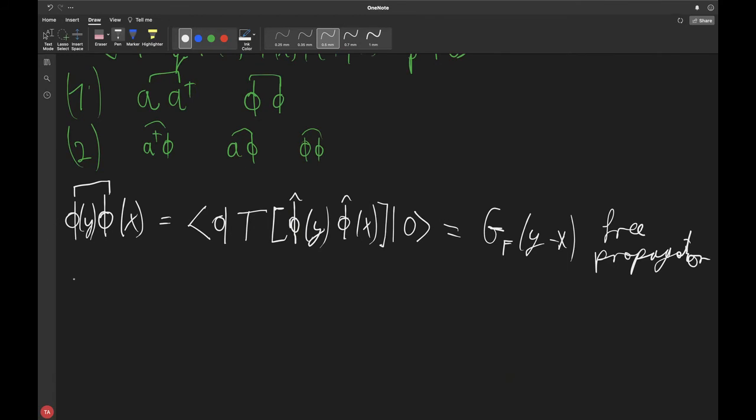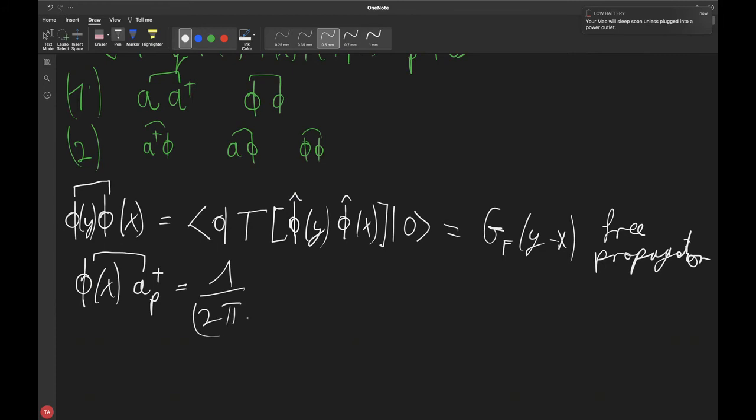We can then contract the field operator at the x point with a creation operator. That will be 1 over (2π) to the 3/2 power, 1 over the square root of 2E, and it was the particle with p momentum, so this is E_p, and we have e to the minus ipx.